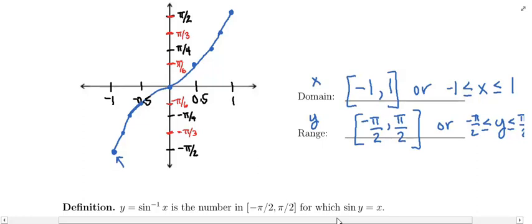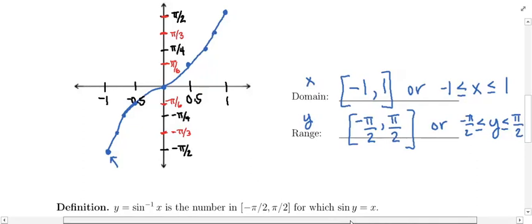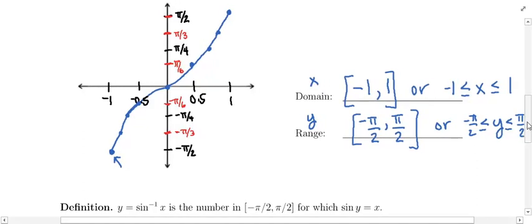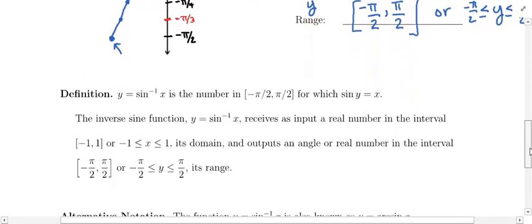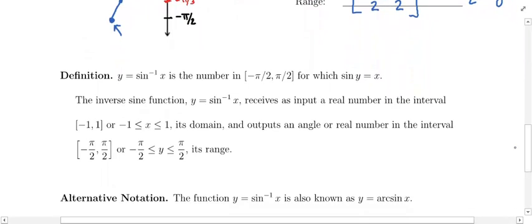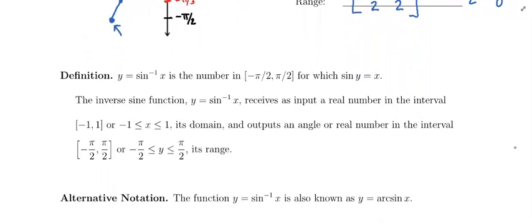All right, so let's go ahead and wrap up sine inverse here. There is a formal definition of it, and you're going to have to think of the other trigonometric inverse functions in the same way. The definition: y equals sine inverse of x is the number in negative pi over 2 to pi over 2 inclusive, that interval, for which the sine of y is equal to x.